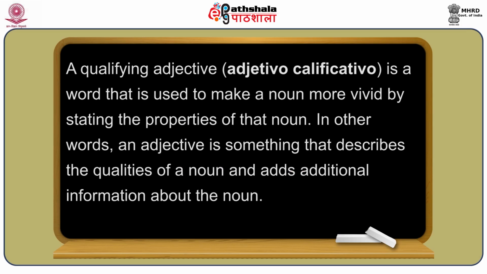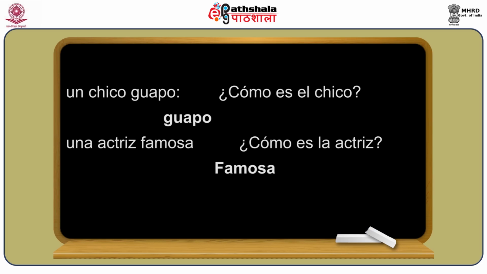A qualifying adjective, or adjetivo calificativo, is a word that is used to make a noun more vivid by stating the properties of that noun. In other words, an adjective describes the qualities of a noun and adds additional information about the noun. For example, un chico guapo, meaning a handsome boy.